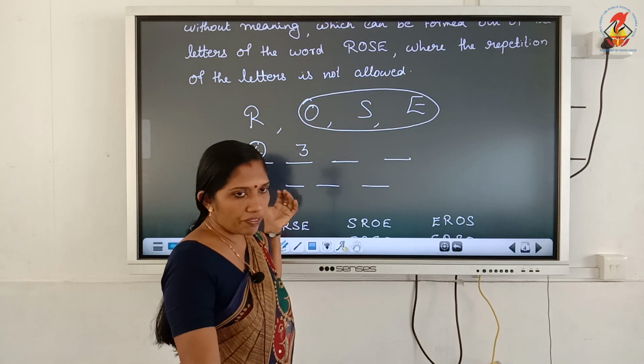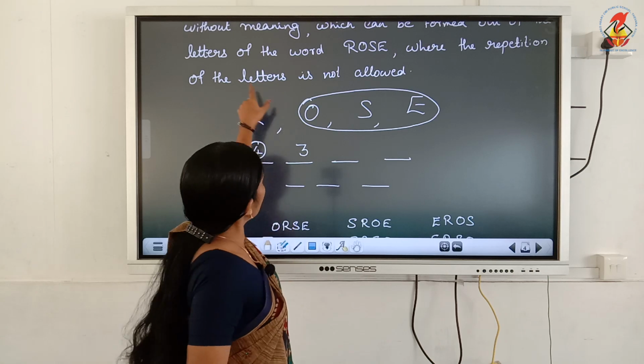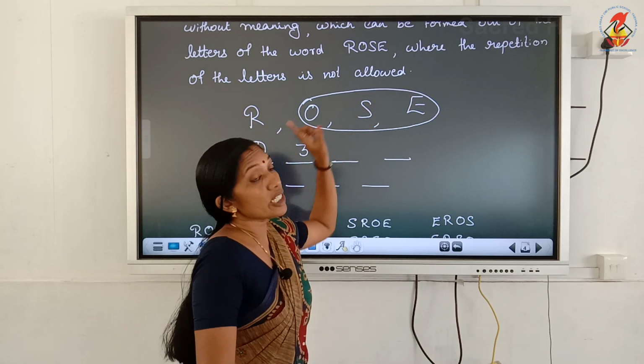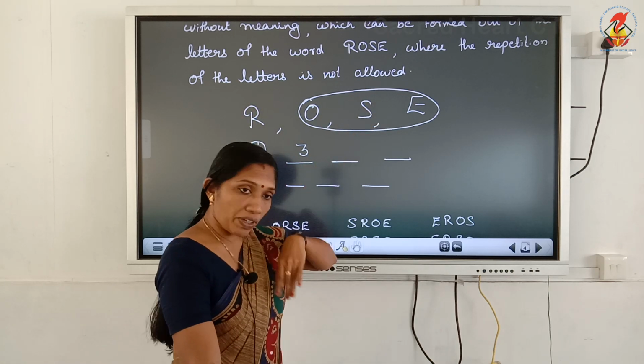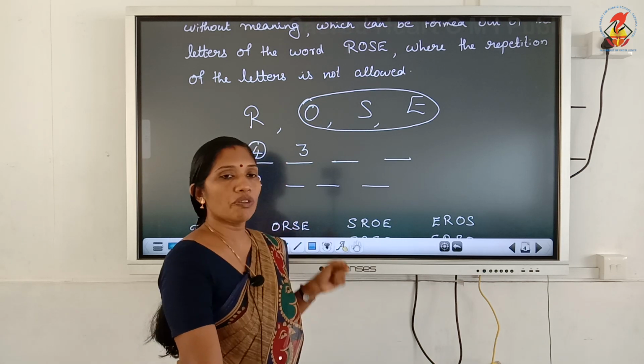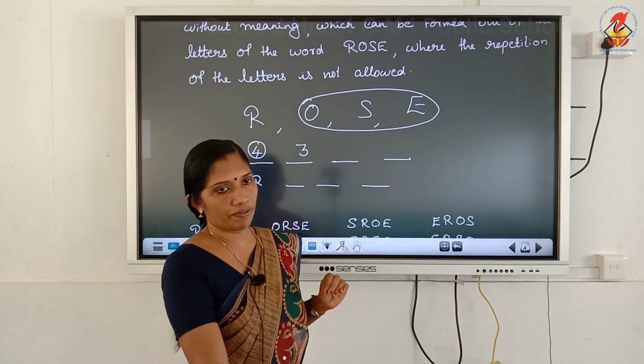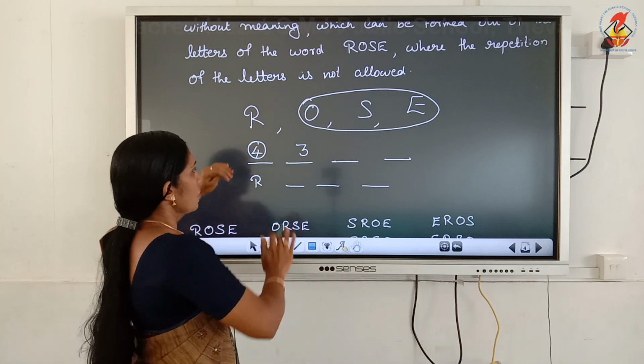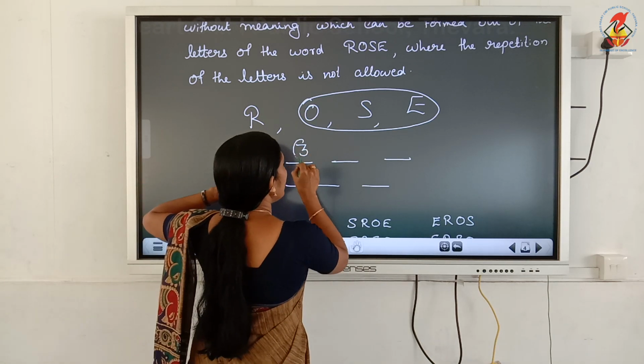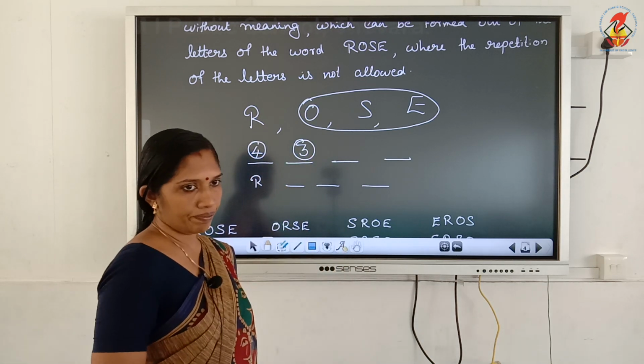That one letter already in the first place we can't take, since repetition is not allowed. If repetition is allowed, this place also we can fill in 4 different ways.